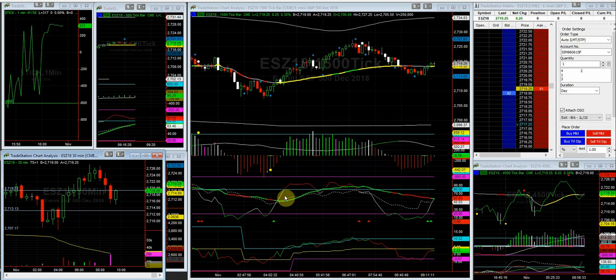Here's the momentum oscillator with the price momentum, that tricolored line right here, and then the dashed line here is time momentum, and then finally this more solid line right here is the trade momentum.